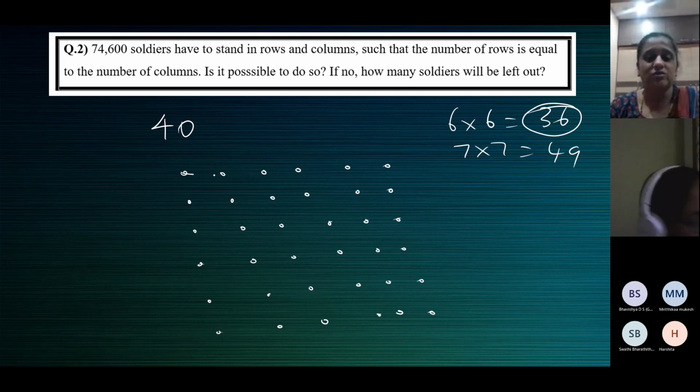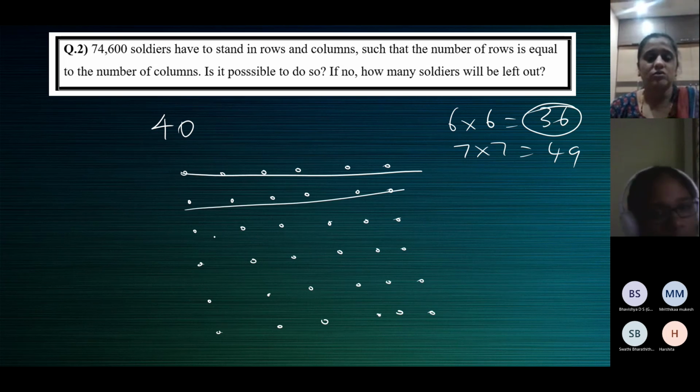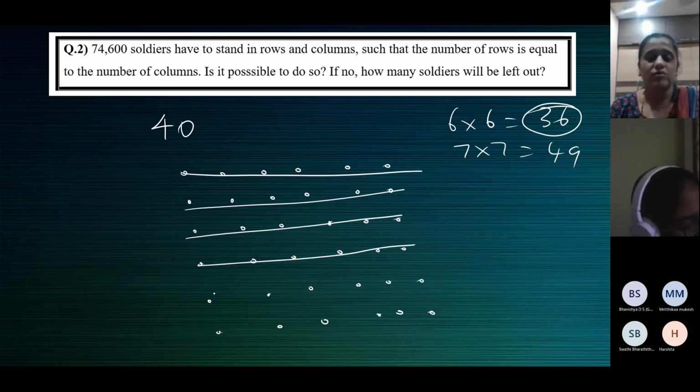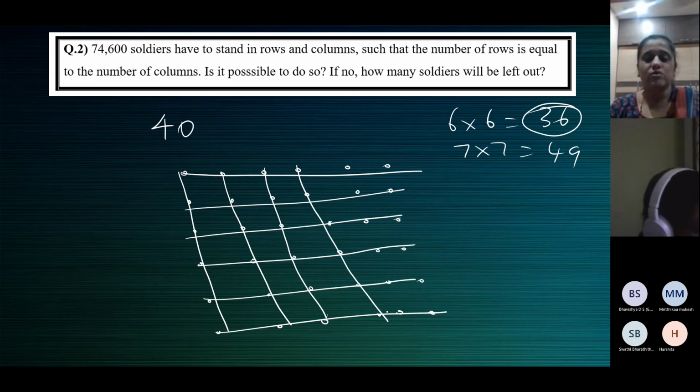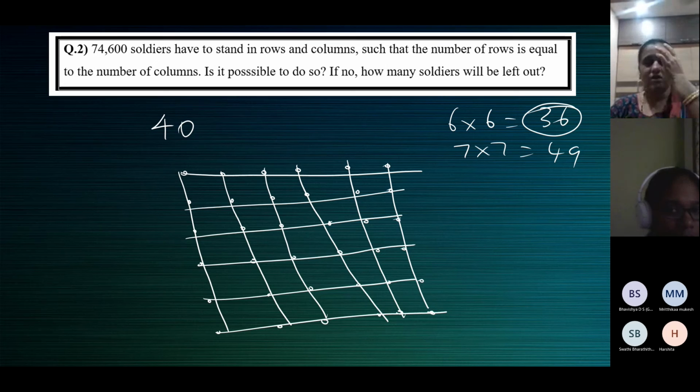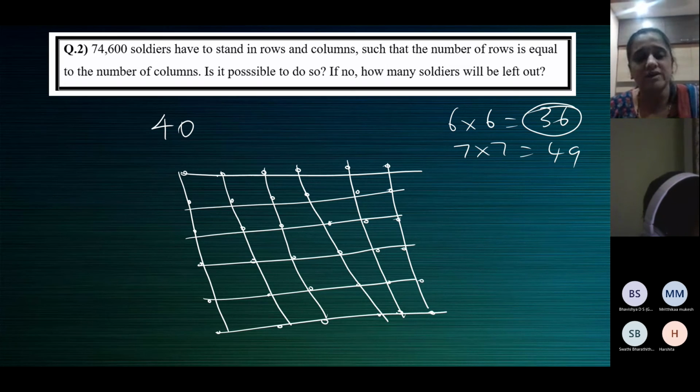So like this, you make 6 rows and 6 columns. So when you make 6 rows and 6 columns, you can accommodate 36 soldiers.